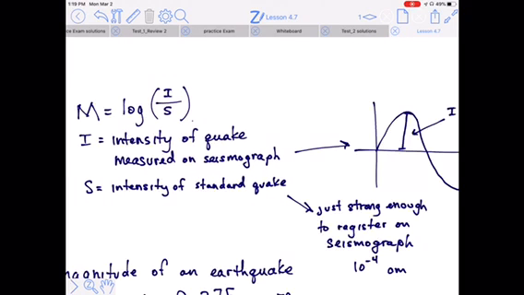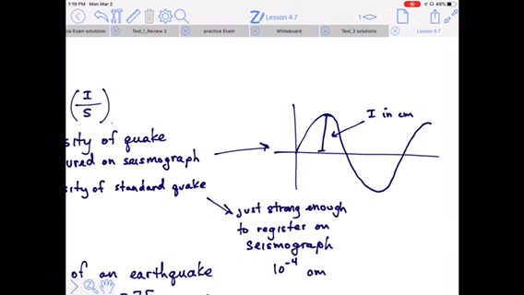I is the intensity of a quake measured on a seismograph. I'm sure you've seen pictures of a seismograph. It's got that roll of paper with the needle that goes up and down. The intensity is the amplitude of that wavy line, the measurement from the midline to the top. That intensity is measured in centimeters.